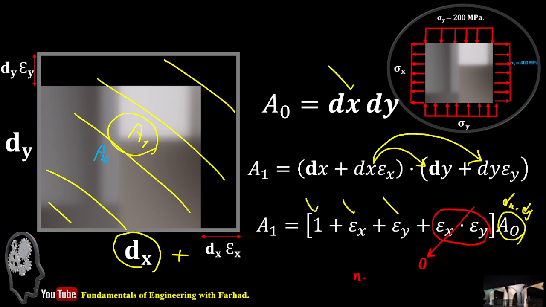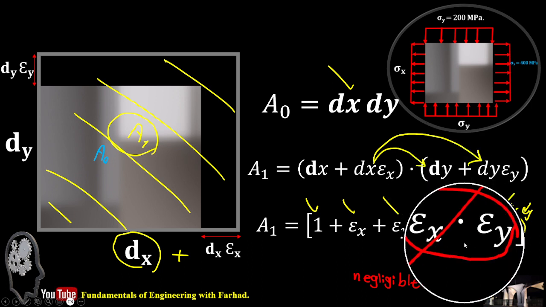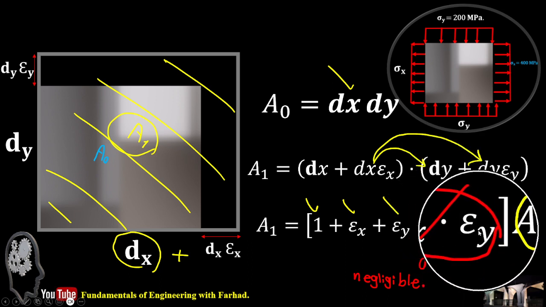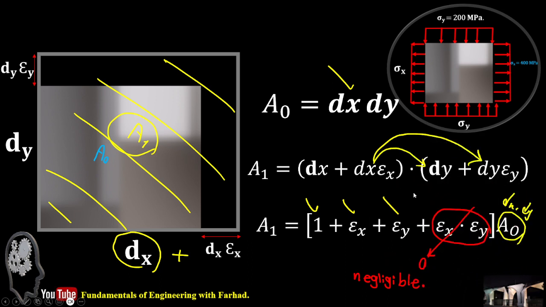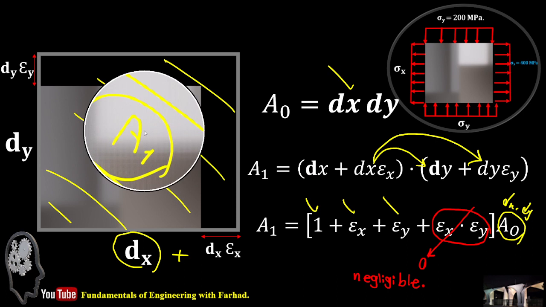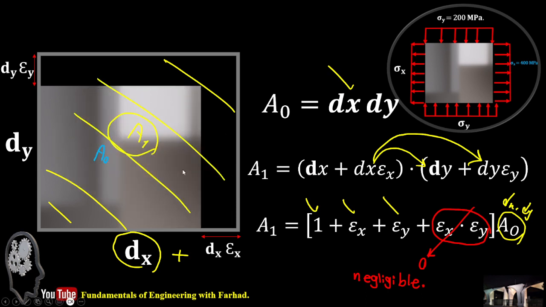That is very close to zero, and we almost neglect it because epsilon itself is pretty small, and a multiplication of two of them is a very, very small number. The change in area is simply A1 minus A naught: the new area minus the original one gives us the change in the area.